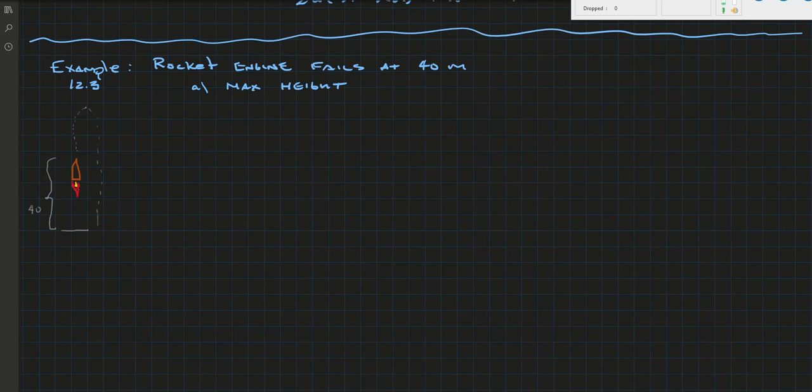So in this situation, we can assume gravity equals, since this is meters, let's use the SI units and go with 9.81 meters per second squared as our acceleration.